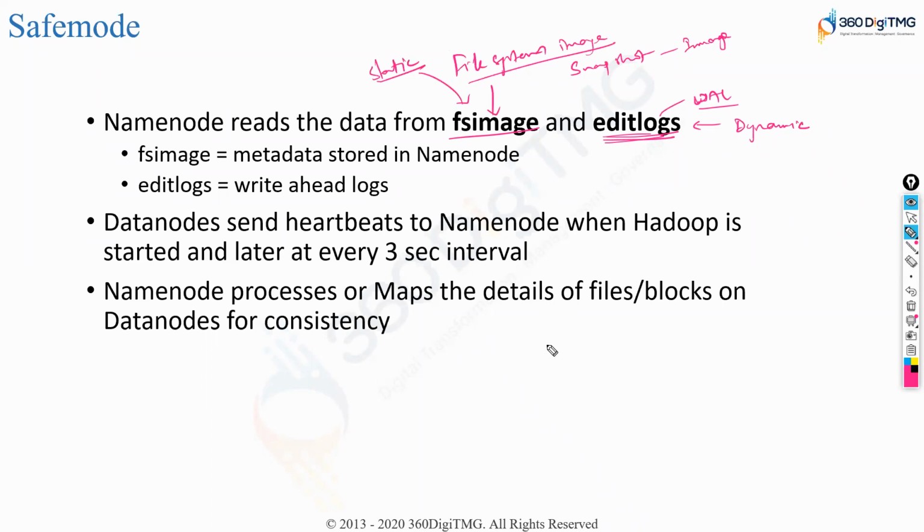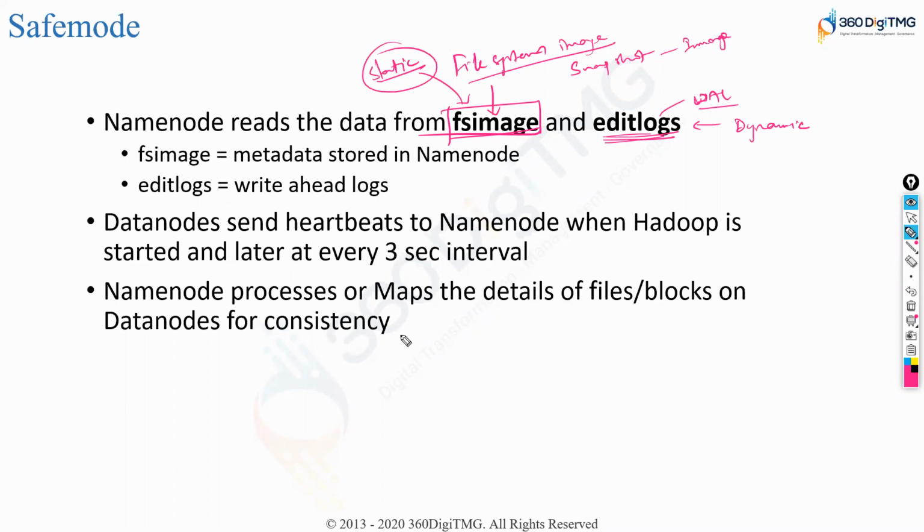What static means is that when you are shutting down your services, let's say the Hadoop services are getting shut down, at that stage the final consistent status of all the nodes, the data nodes, is recorded in the FS image. It's like you're taking a snapshot, a picture of your current situation, right? That's your FS image static file, and it happens only when your services are shutting down.